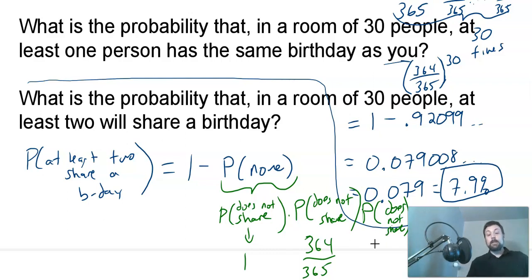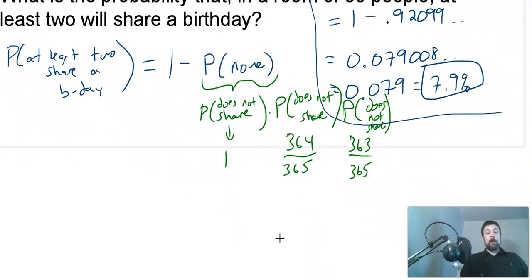There are 363 other days for them to be born on, out of 365. So you get a sense of what the pattern's going to be here. For the fourth person, there are 362 days remaining that they could be born on that would not share a birthday with anybody currently on my list, out of 365.